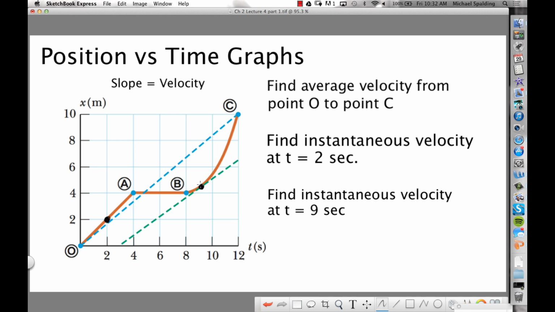If you're driving your car and you look at your speedometer, what type of velocity is that? Instantaneous. Well, actually, I should use the word speed because there's no direction given. Instantaneous is how fast you're moving at a specific moment, whereas average is between 2 points.